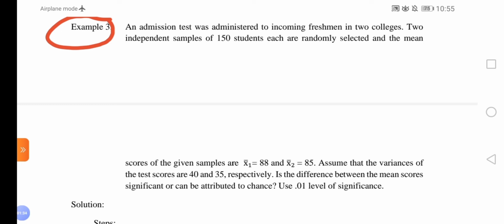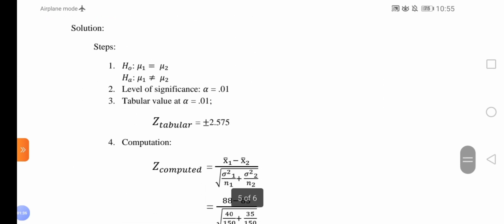So let's proceed. Step number 1 is to state the 2 hypotheses, which I had already stated a while ago. We have population mean sub 1 is equal to population mean sub 2 for our null hypothesis, and we also have population mean sub 1 is not equal to population mean sub 2 for our alternative hypothesis.